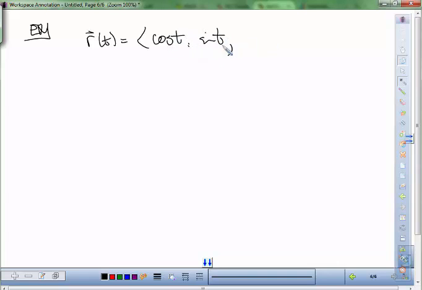And then I'll throw in another one, t. I'm going to leave a little space here because I might want to scale it, since when I draw this out I want it to not be out of the picture. So I'm going to scale it by 1/10 or something.